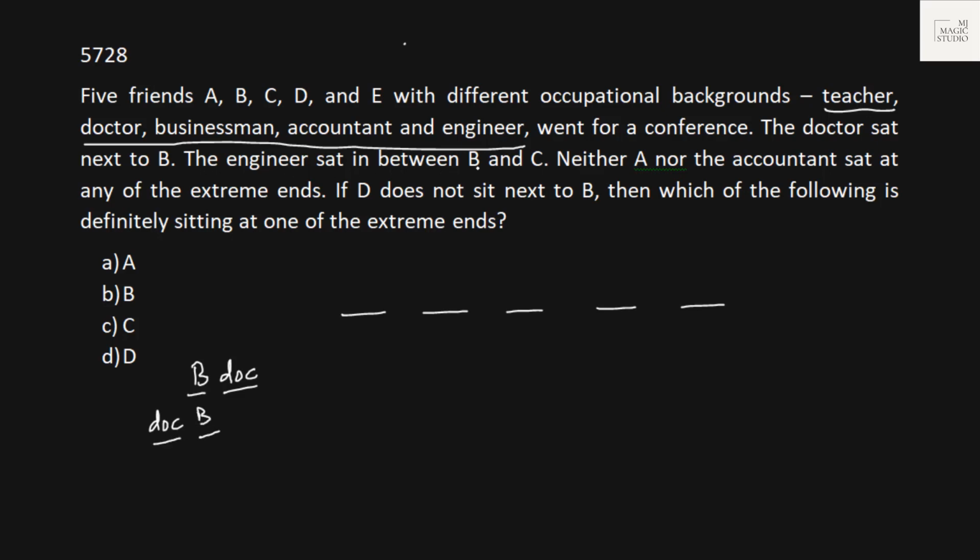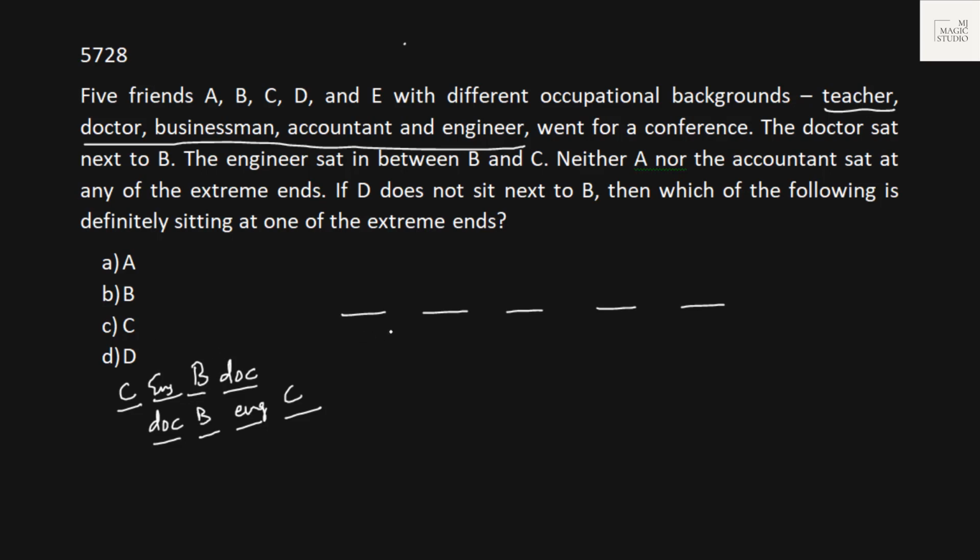The engineer sat between B and C. So that means engineer is on the other side. It should be B, engineer and then C. Or engineer and then C, something like this. Neither A nor the accountant sat at any of the extremes.